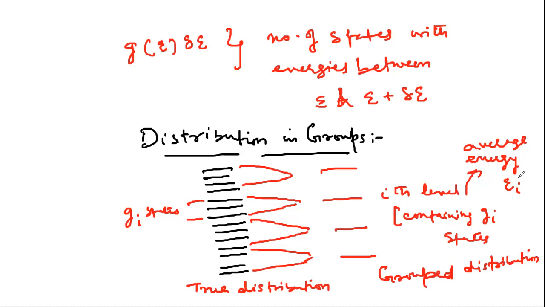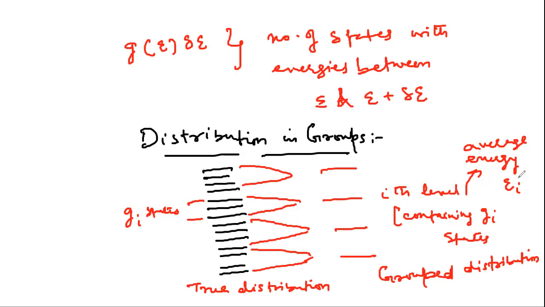Now, why do we do this grouping? This is not necessary, but it is convenient for our calculation purposes, because we know the number of states Gi is large, and also the number of particles Ni occupying these states is large. So we can use the mathematics of large numbers, that is Stirling's approximation, in discussing Ni and Gi, in order to work out the thermal equilibrium distribution, which is our next step.